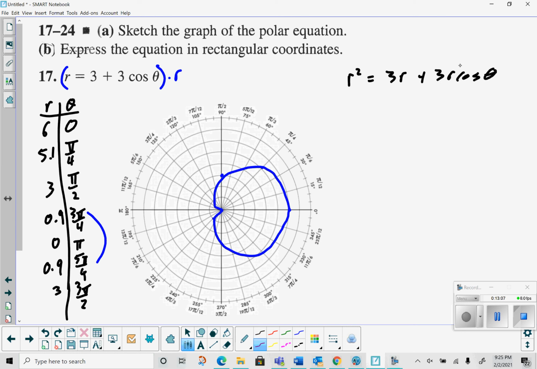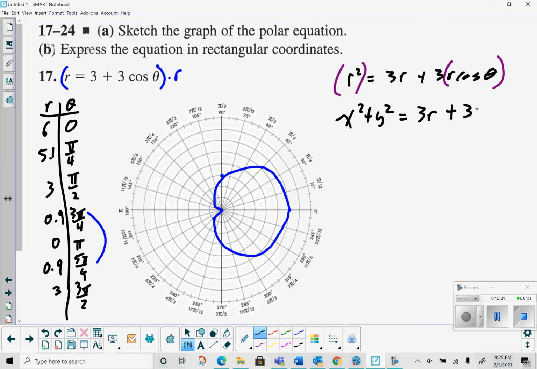Well, again, we know a nice substitution there. We know a nice substitution here, and we're just going to have to deal with that. So r squared, again, that coefficient there stays where it is.